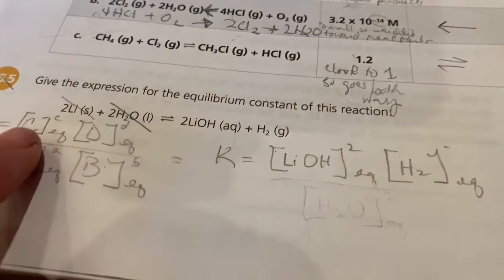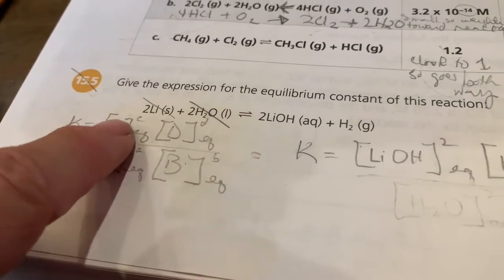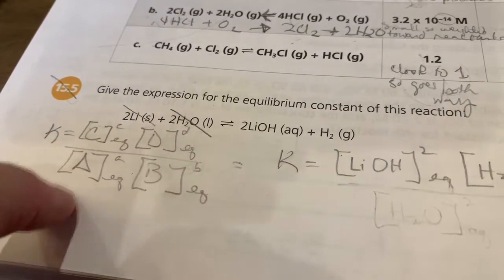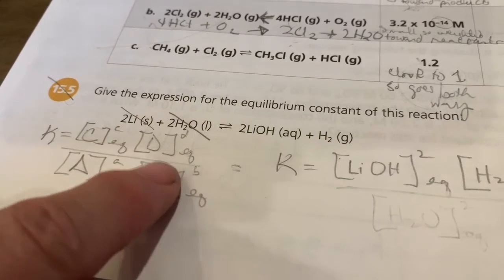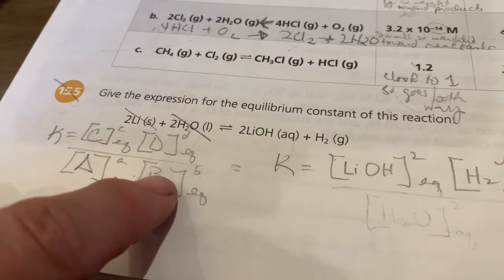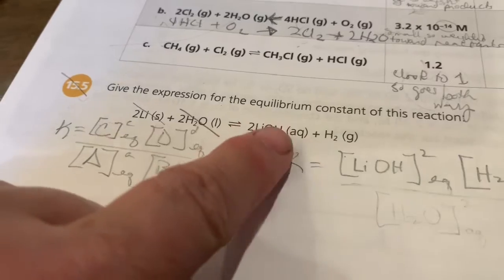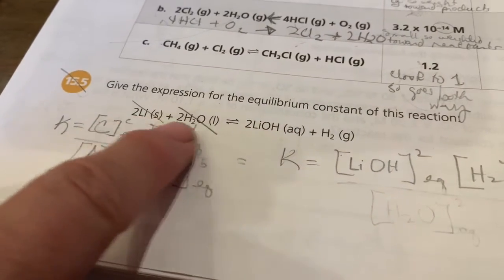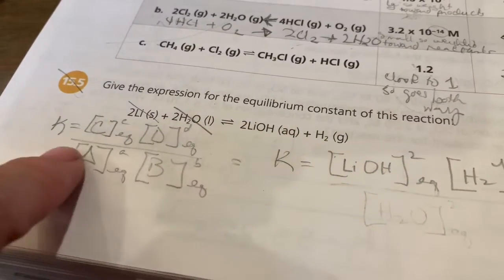So we know this is our formula, K equals C to the C times D to the D, all divided by A to the A times B to the B. The C and D's are our products, our A's and B's are our reactants, and those go away.